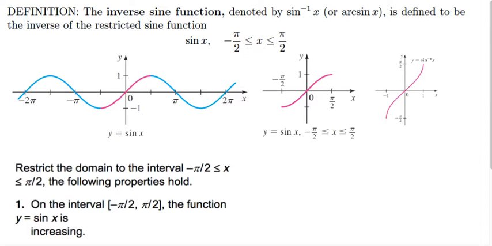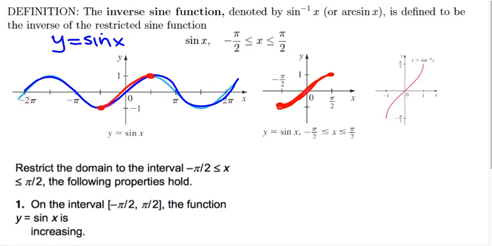So here's just an overall view of what we just did. You don't have to write this down. First, we focused on the parent of y equals the sine of x. Then we took out a piece from the original sine function to make it one-to-one, to pass the horizontal line test. So that's this piece right here graphed out.